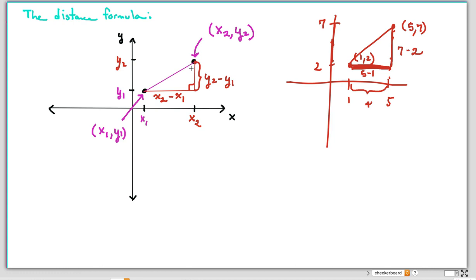And we have a theorem that involves right triangles that we're going to use. That theorem is the Pythagorean theorem. So let's write the Pythagorean theorem.